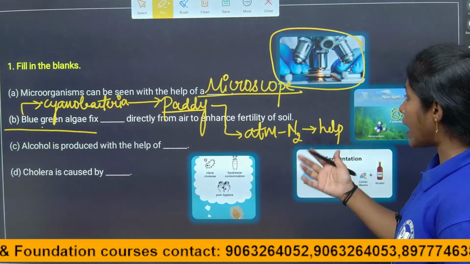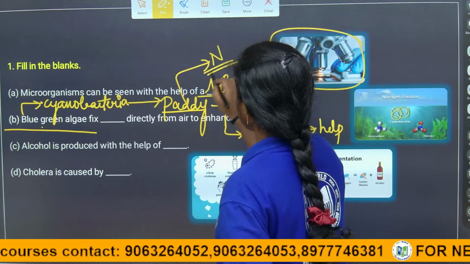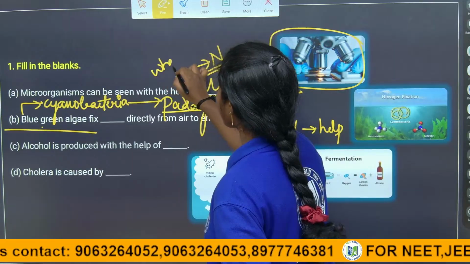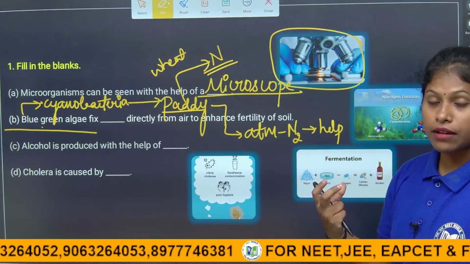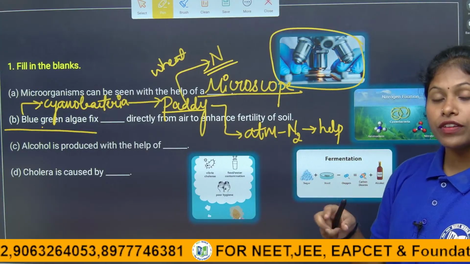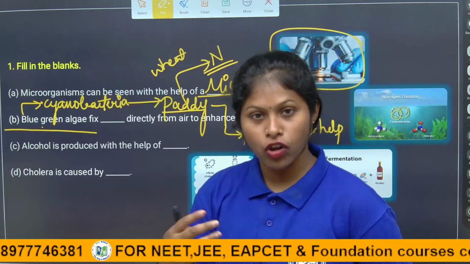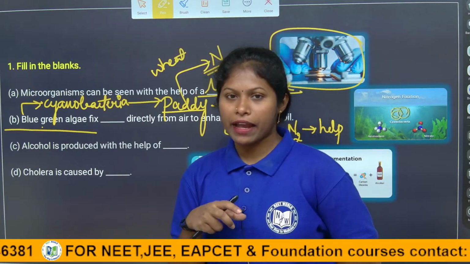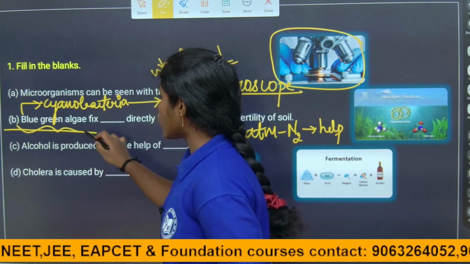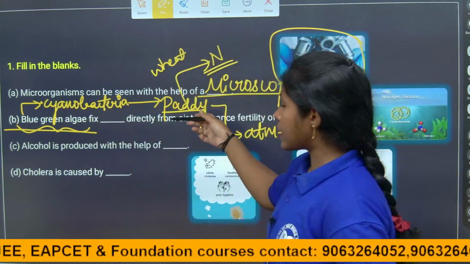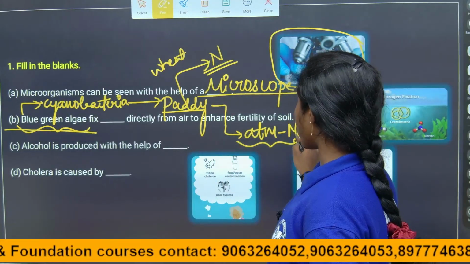The paddy fields require more nitrogen. Paddy and wheat require a larger amount of nitrogen. So the cyanobacteria are helpful for the paddy fields. That is why these are friendly microbes to farmers. It is present mostly in paddy and wheat fields and fixes atmospheric nitrogen.